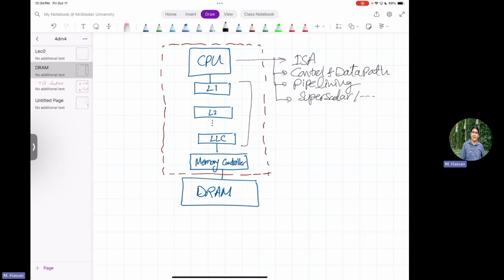So we had the idea about this big gap in performance and latency between arithmetic instructions or the CPU speed and the main memory speed. And a big factor of this bottleneck is in fact coming from the main memory, from the DRAM. Good. So this is what we want to discuss now.